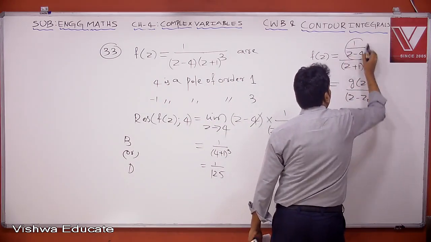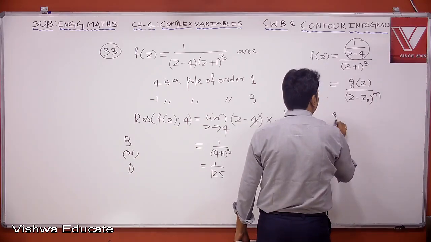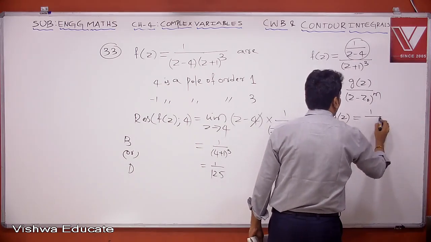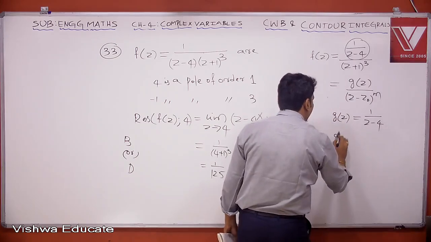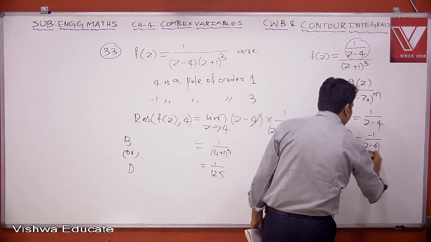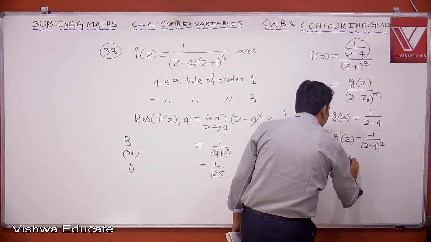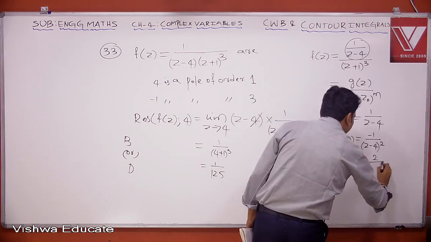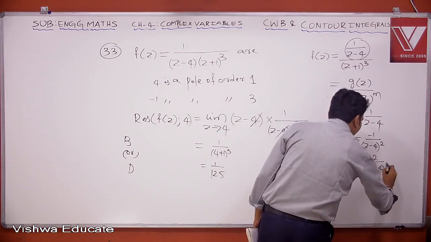So we need to differentiate this with respect to z 2 times. What is g of z? 1 by z minus 4. So g dash of z is minus 1 by z minus 4 whole square. G double dash of z, second derivative, is 2 by z minus 4 whole cube.